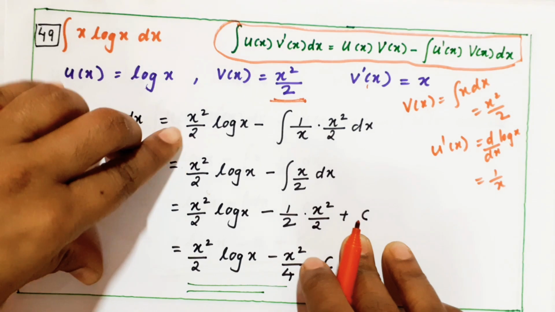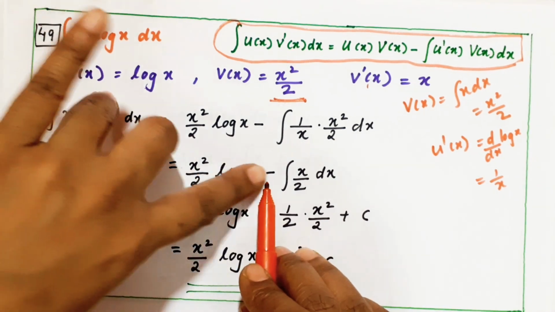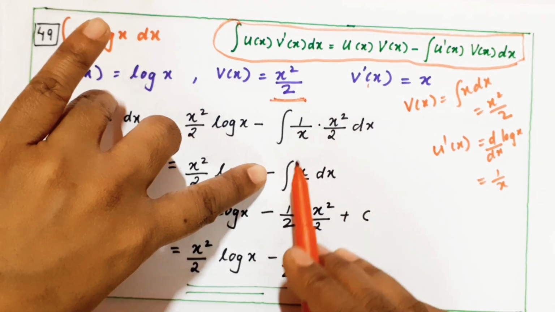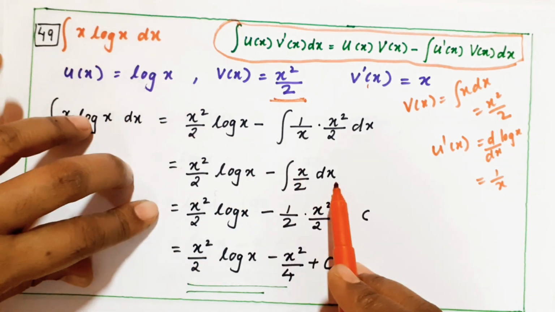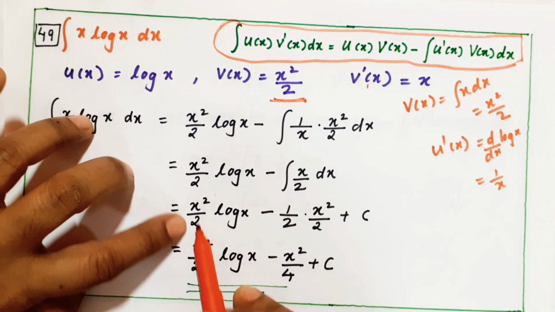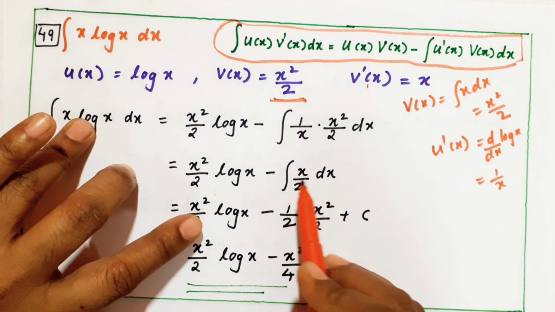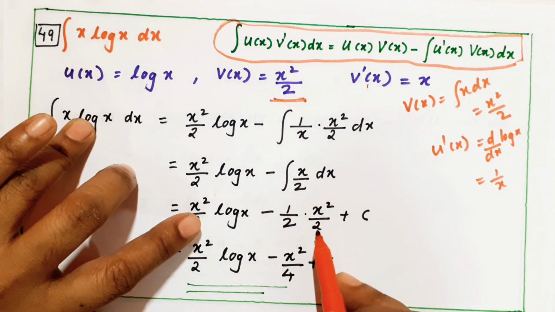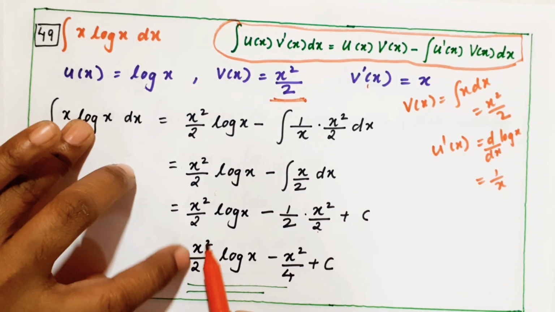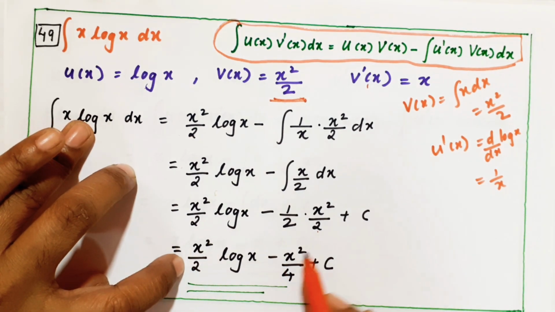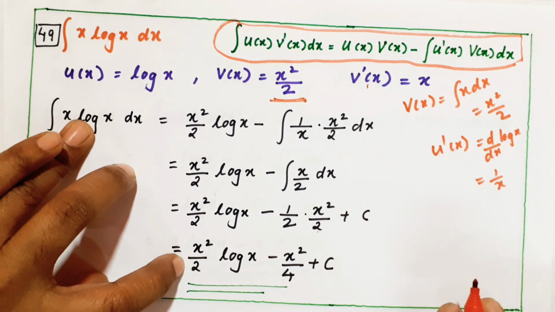Next step, x square by 2 log x minus, the x cancels, so it is integral of x by 2 dx. Again, x square by 2 log x minus 1 by 2, I have taken it out. What is integral of x dx? X square by 2 plus c. That is x square by 2 log x minus x square by 4 plus c, which is your answer.